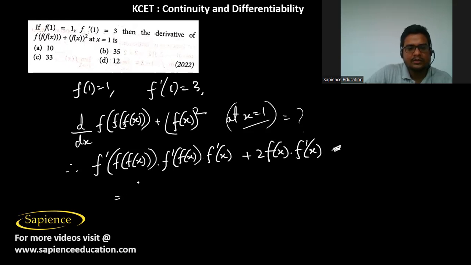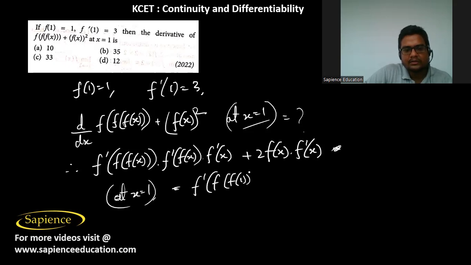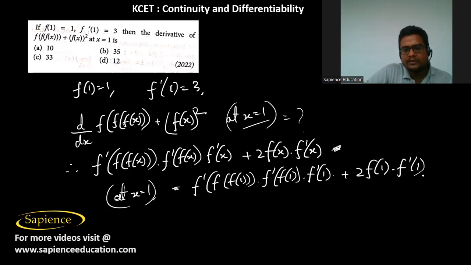So now at x equal to 1, this value will be equal to f dash of f of 1 into f dash 1 plus 2 into f of 1 into f dash 1.